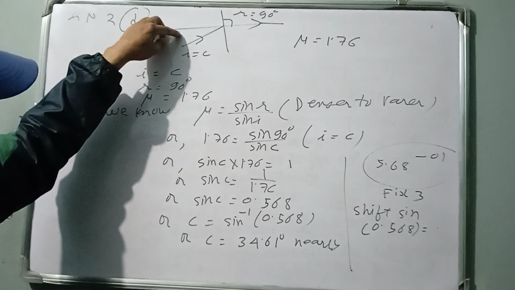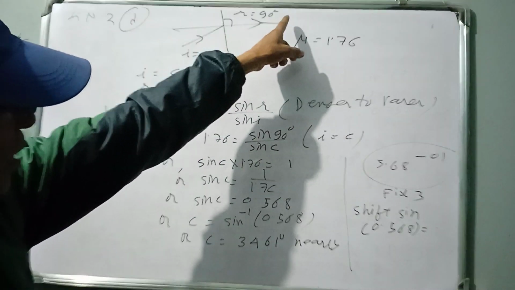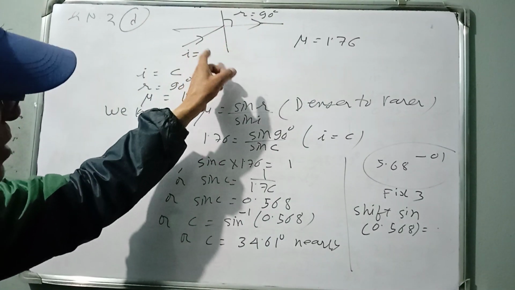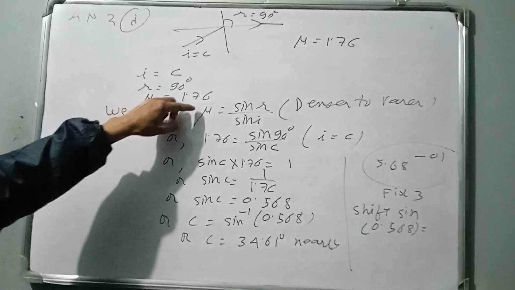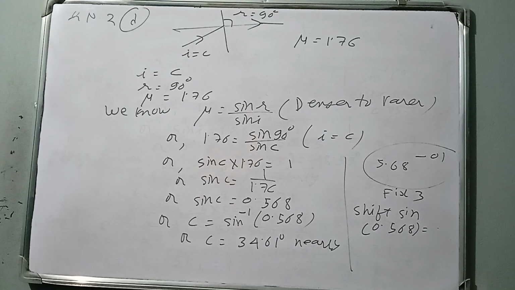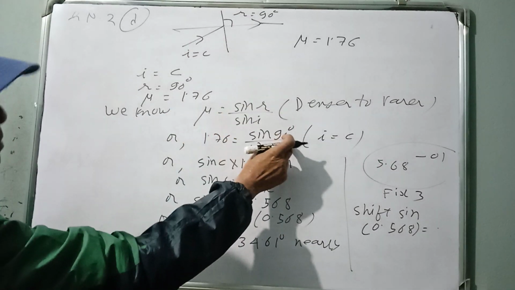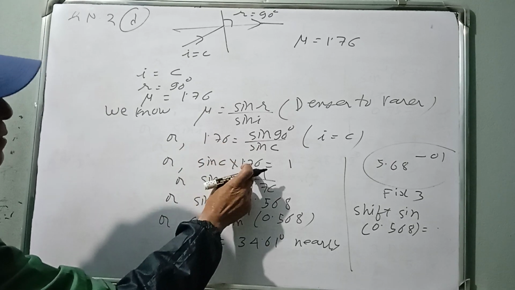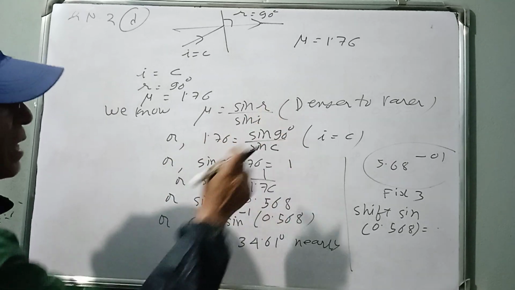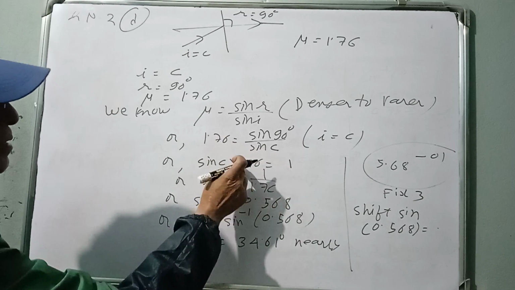Here the ray is passing from denser to rarer medium, and I equals C, R equals 90, refractive index given. Formula: mu equals sin R by sin I, 1.76 equals sin R, sin 90, sin 90 is 1, cross multiply, sin C equals 1 upon 1.76.